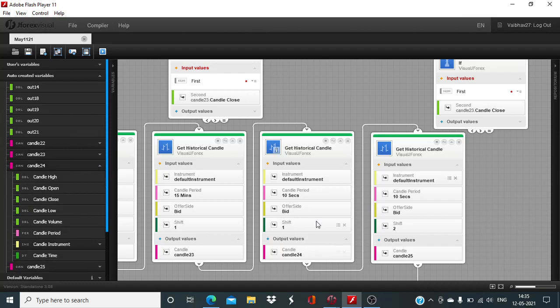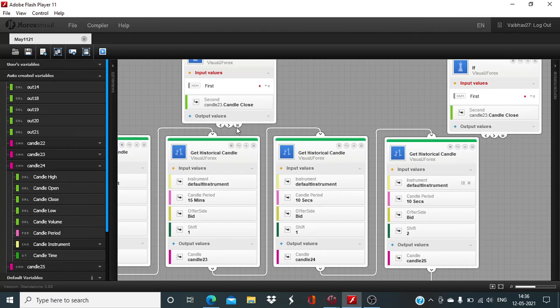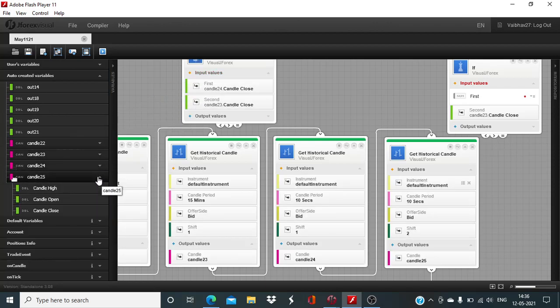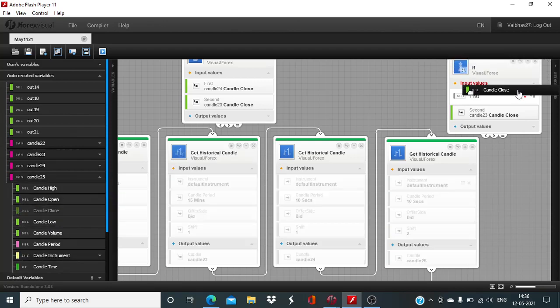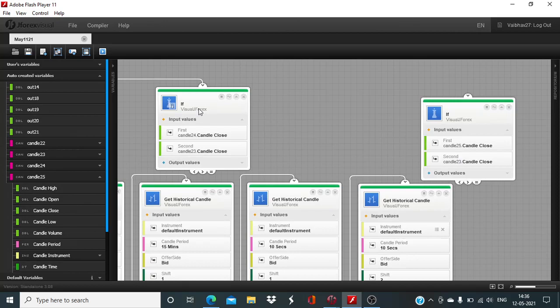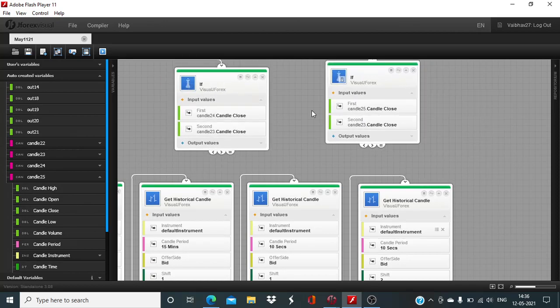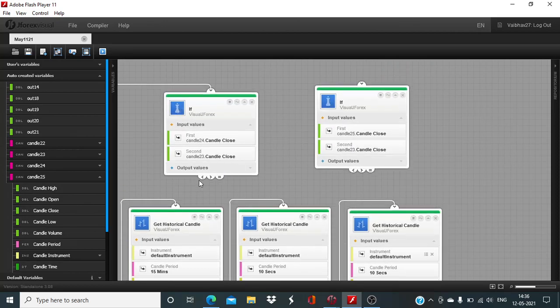Candle 24 has a lookback period of 1, that means it should have closed higher prior to the execution of the trade. And candle 25 needs to have closed lower. First input greater than second input for first block, and first input less than second input for second block.